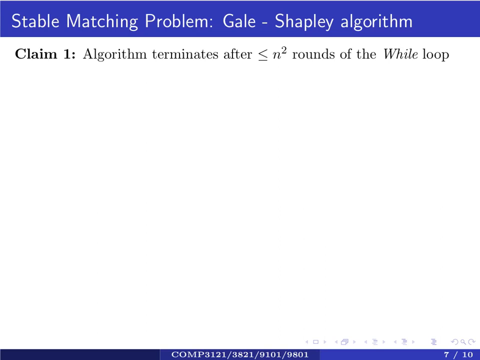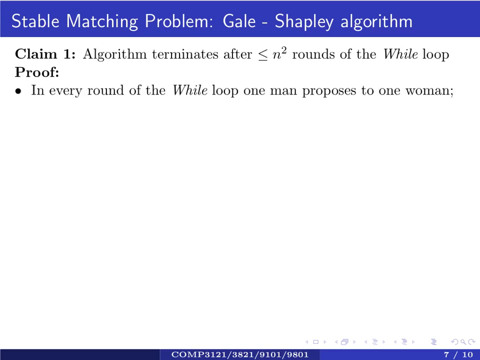Now, to see that this algorithm works and that it terminates in a reasonable amount of time, we will prove several claims. So the first claim is that this algorithm terminates after at most n squared rounds of the while loop. Why is this so? In every round of the while loop, one man proposes to one woman.